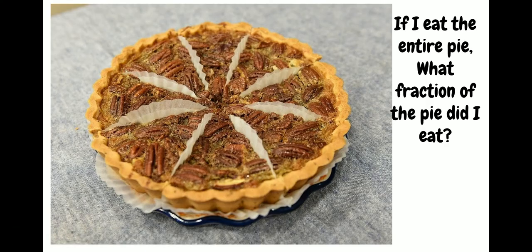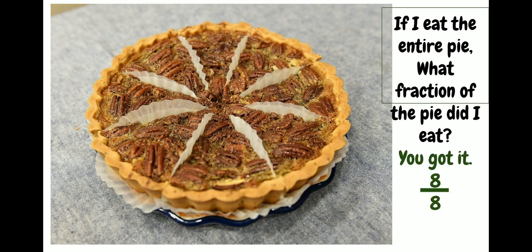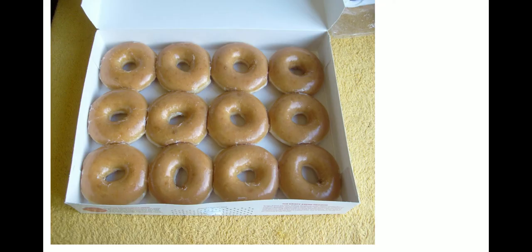If I eat this entire pie, what fraction of the pie did I eat? How many pieces are there total? That's your denominator. How many pieces did we eat? That's your numerator. You got it. 8 out of 8. Here's a dozen donuts. That's 12 donuts.